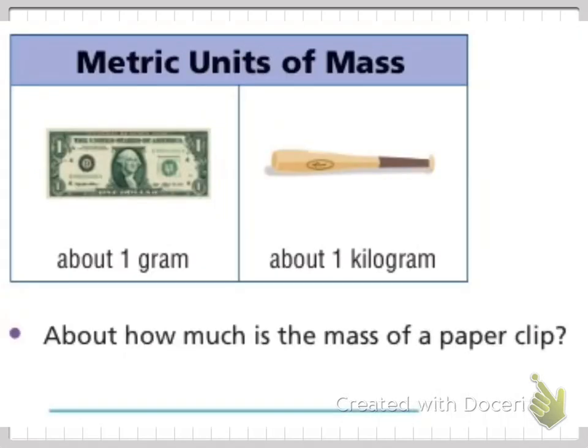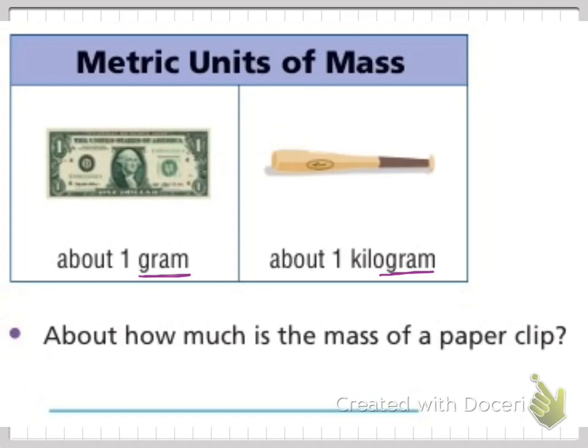And last metric, units of mass, is the grams. So think about the weight, how heavy the dollar is. That's about the weight of 1 gram. And how heavy a baseball bat is, or average size baseball. That's going to be how heavy a kilogram is.